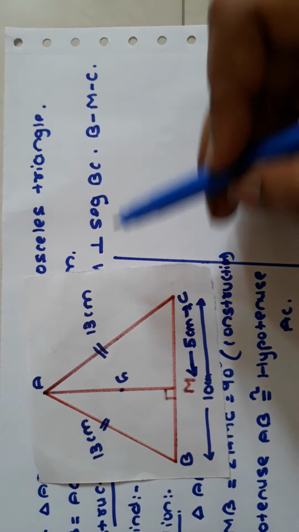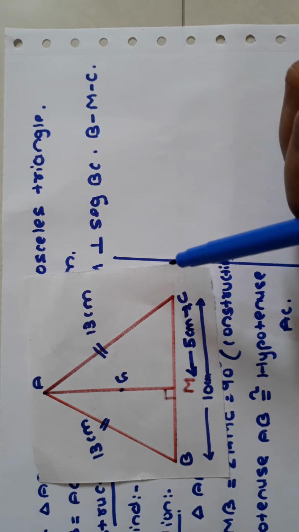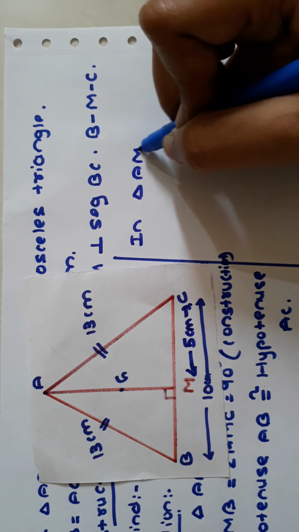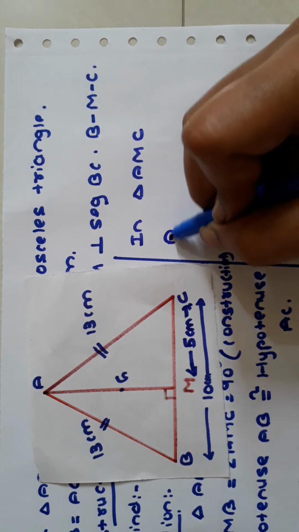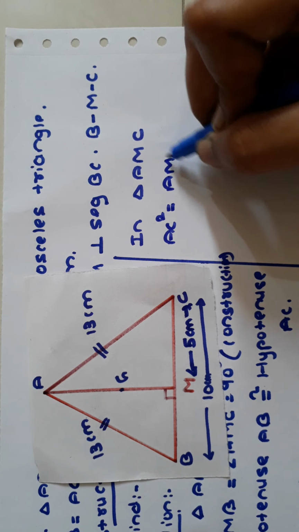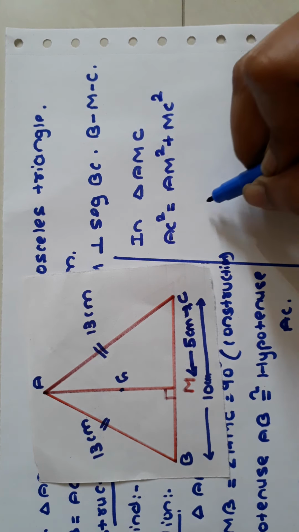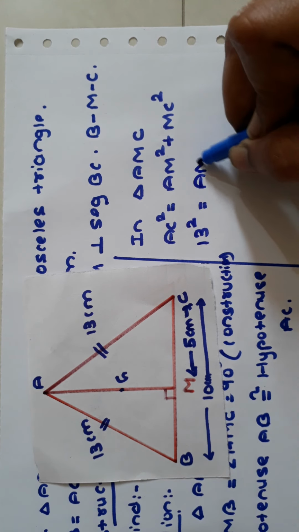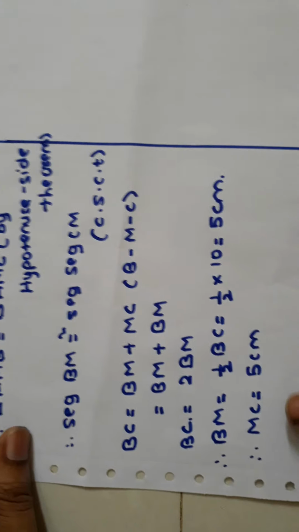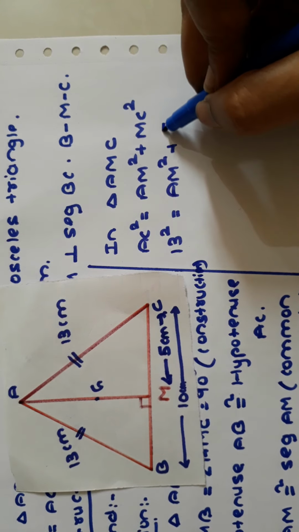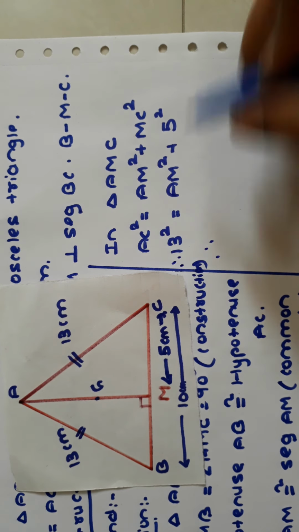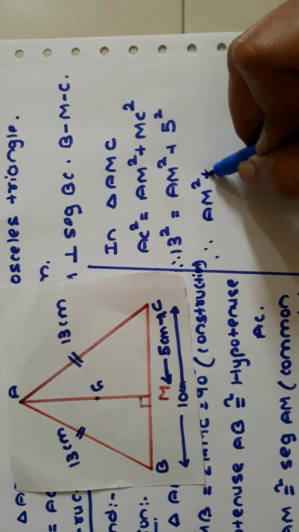So now consider the right angle triangle AMC and apply Pythagoras theorem. AC square is AM square plus MC square. AC square is given, 13 square is 169. AM square, and MC is 5 centimeter. Interchange the left hand side and the right hand side.